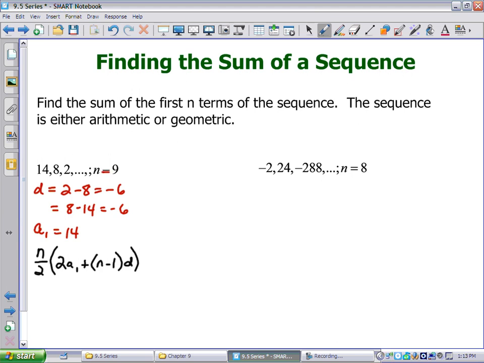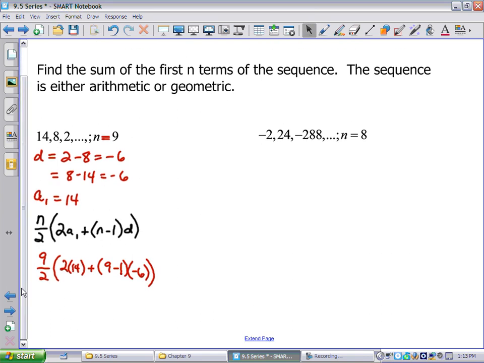That should say n equals 9. So we're going to use 9 divided by 2 times the quantity of 2 times our a sub 1 term, which was 14, plus n minus 1, which is 9 minus 1, times d, and our common difference was negative 6.